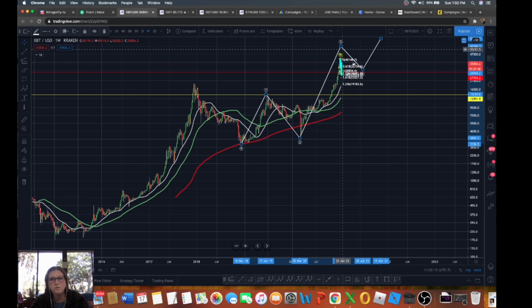So whatever correction we get here, we have to protect this wave 1. If we come into it, I will assume that the bear scenario happened and it's happening, basically.